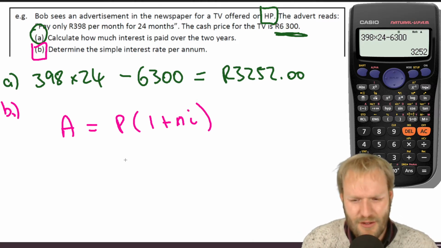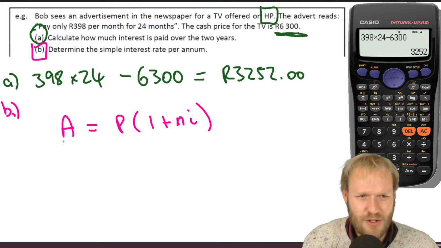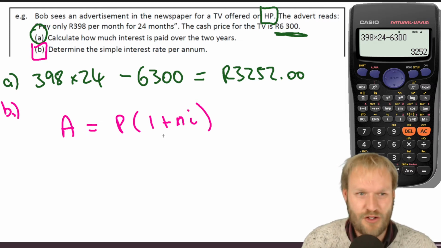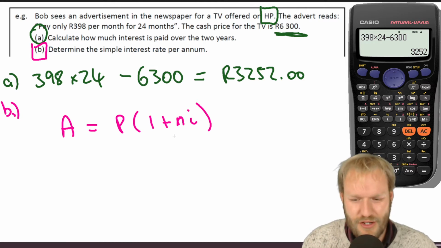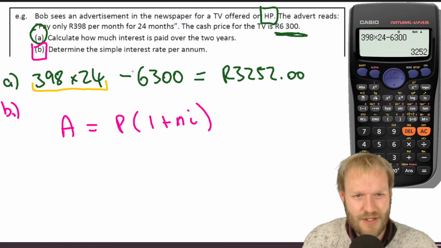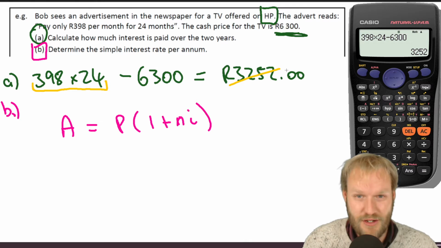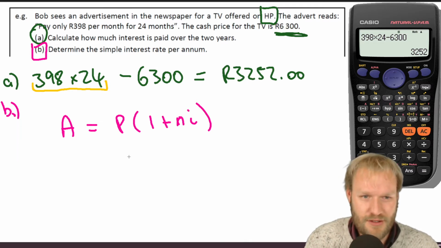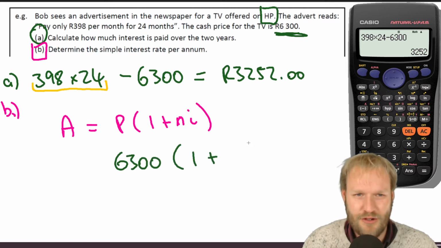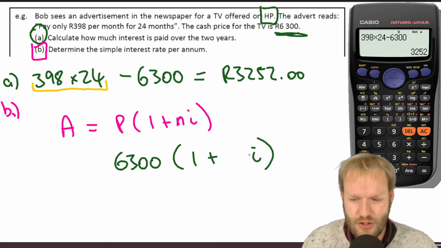A strategy that I think works: our accumulated amount is how much it grows to. Now this maybe feels interesting because it's not that we're dealing with this 3,252. It's almost like we've invested this 6,300 Rand at some sort of interest rate, which we don't know, for 2 years.